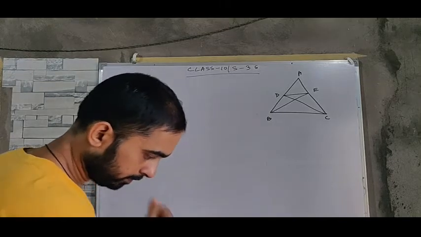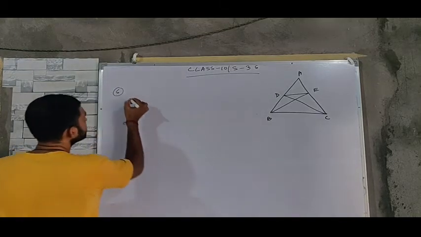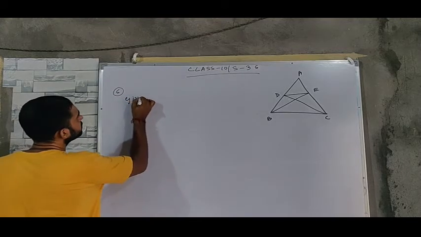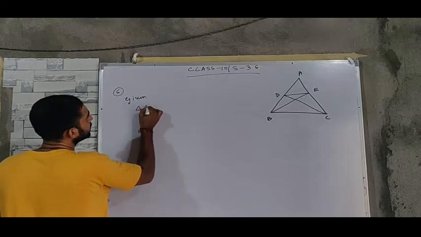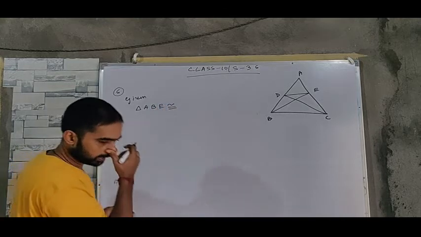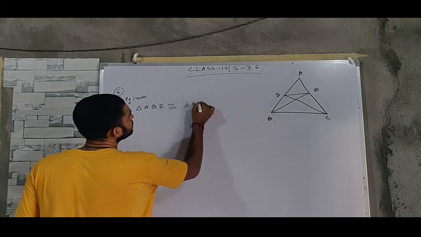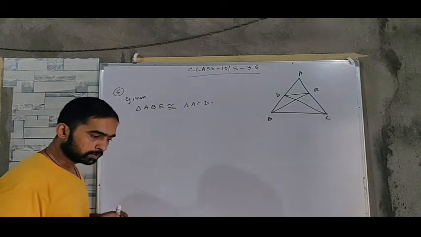Show that triangle ADE is similar to triangle ABC. Given: triangle ABE congruent to triangle ACD. And what to prove?